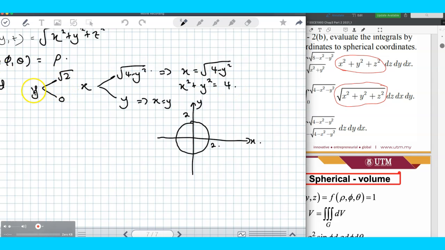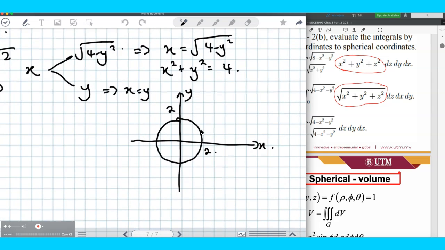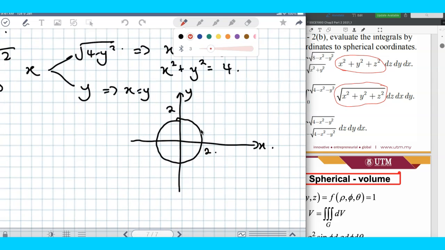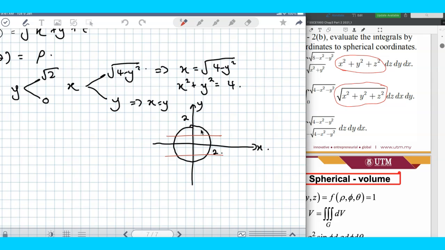The smallest y is 0, and the highest y is. Okay, y is constant. So when y is constant, we have to draw a horizontal line, and that line is lying between 0 and square root 2.